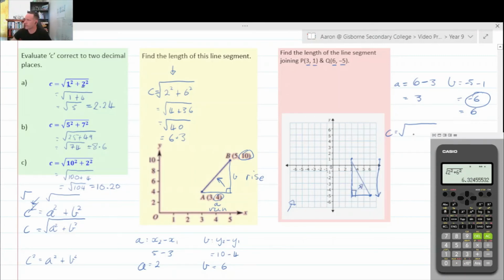So C squared equals A squared plus B squared, and therefore we have 3 squared plus 6 squared, which is the square root of 9 plus 36, which is 45, so the square root of 45, and we'll jump over to the calculator, should be about 6.8 or something.